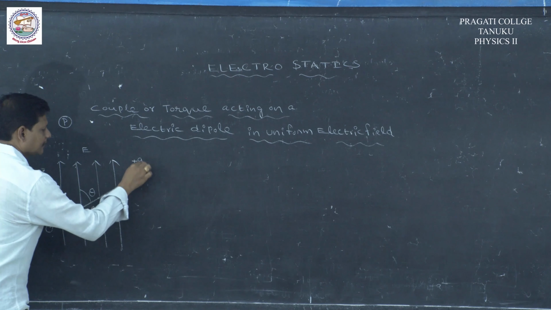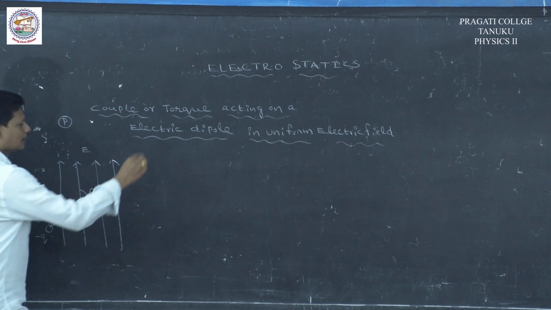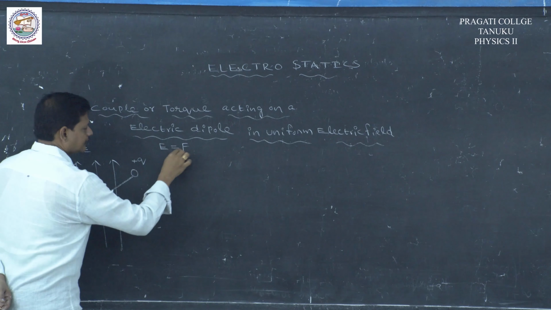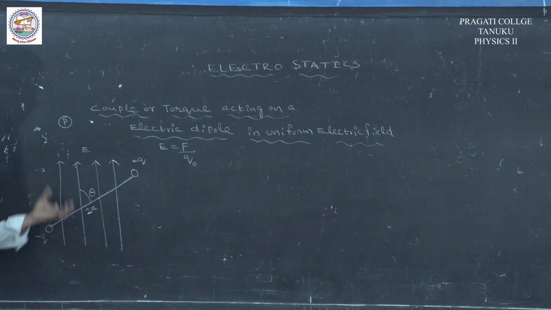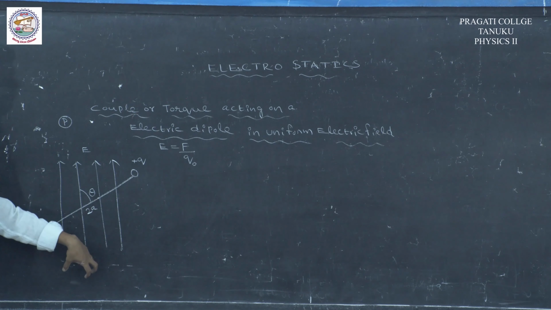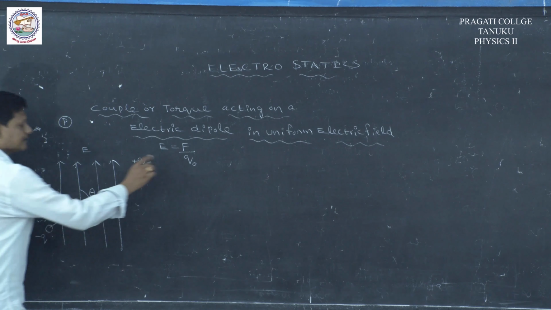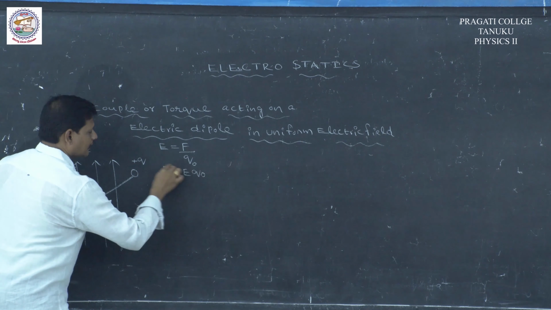Let the charges be plus q and minus q. We know electric field strength E is equal to F by q naught. If you place an electric dipole in an electric field, it experiences some force. The expression for the force is F equal to E into q naught.